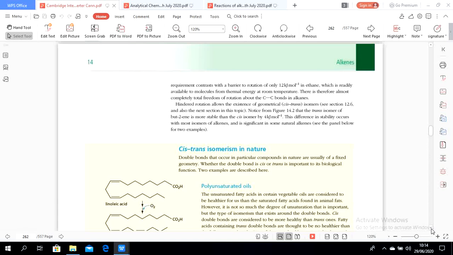And then there is also geometric and optical, which is called stereoisomerism. Now, alkene has cis-trans or geometric isomerism. Why? Because alkene does not have a chiral center. In order to have optical isomerism, it must have a chiral center.